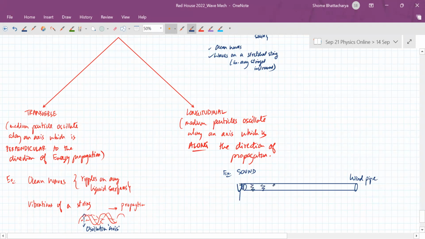The sound wave as it propagates through this is the direction of propagation, but this is also the axis of oscillation. So it's not like the particles are propagating along with the energy of the wave. The particles are only oscillating back and forth. Their mean position is fixed, but the axis along which they are oscillating is along the axis of propagation of energy, or of the wave. Whereas in the case of transverse waves, it is perpendicular to the propagation axis. So that is the differentiation between transverse and longitudinal, or the classification on this basis.